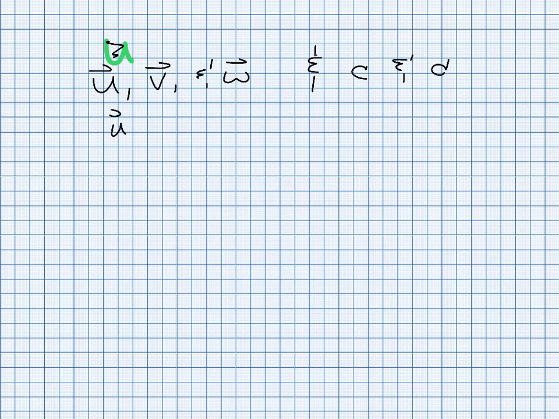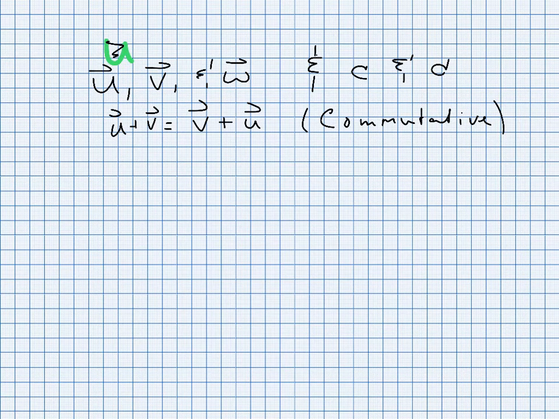Now, u plus v equals, my vector arrow, v plus u. So we can say that vector addition is commutative. Okay.